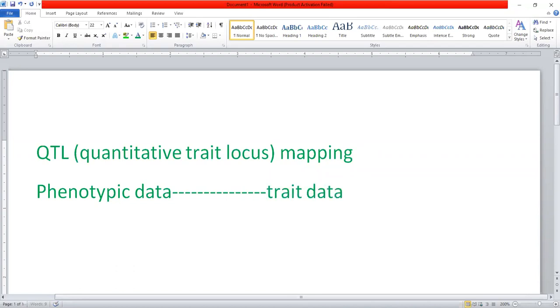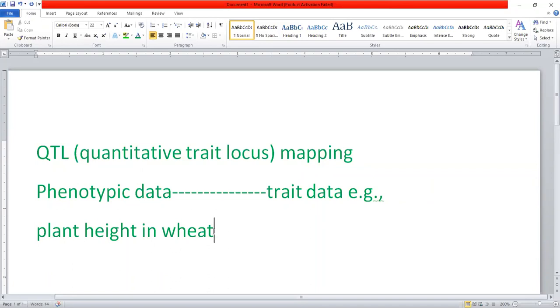For example, we are interested to determine the genes involved in plant height in wheat. This is our trait of interest. So we want to determine the genes involved in the expression of plant height in wheat.